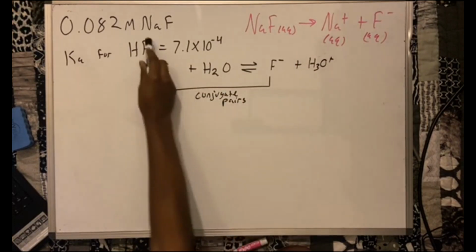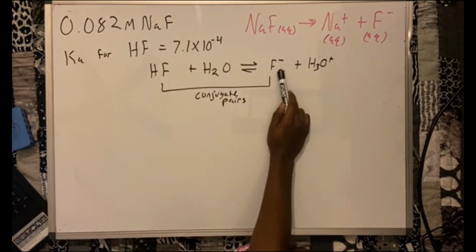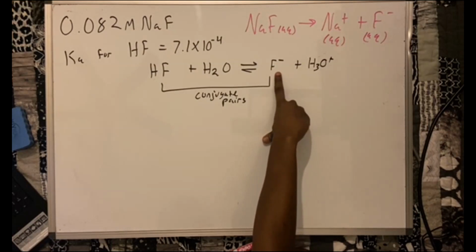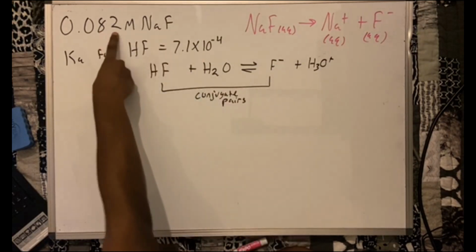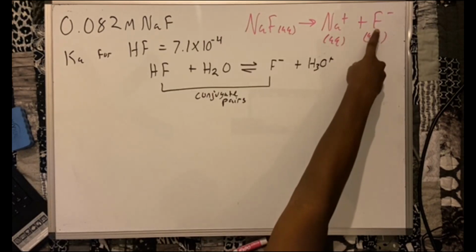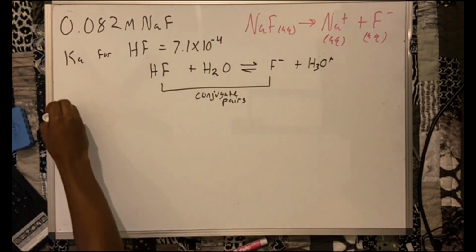So really, in this solution, what you have is a base. This F minus is a base. So when you're trying to figure out the pH of this solution, you really have a base reacting with water. This is the equation you actually have in solution.